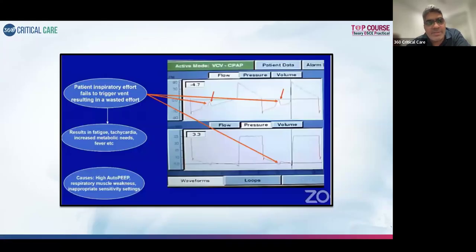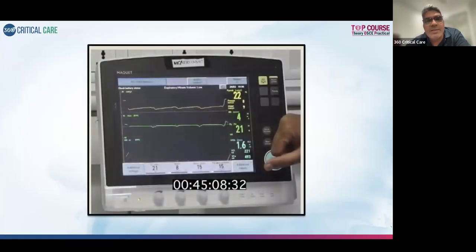It is worse if the patient has respiratory muscle weakness, and the other issue that can precipitate this is an inappropriate sensitivity setting. Sometimes we may have kept a flow trigger of 5 liters or a pressure trigger of 5. In that case, the patient will not be able to reach that level in any case. All his effort will be wasted. Same here, you can see ineffective triggering. Probably that one is effective, and that's where the breath starts.